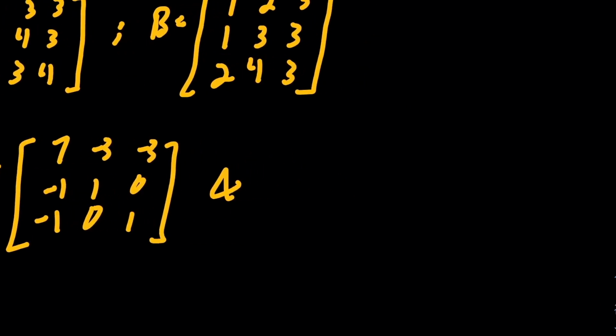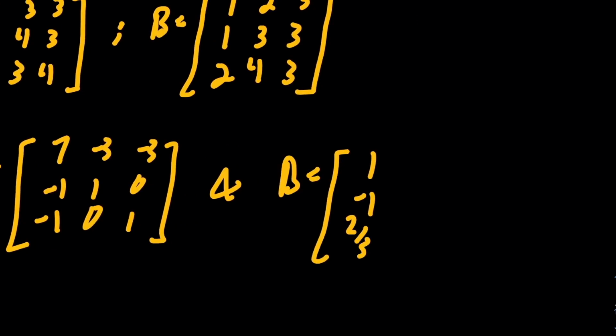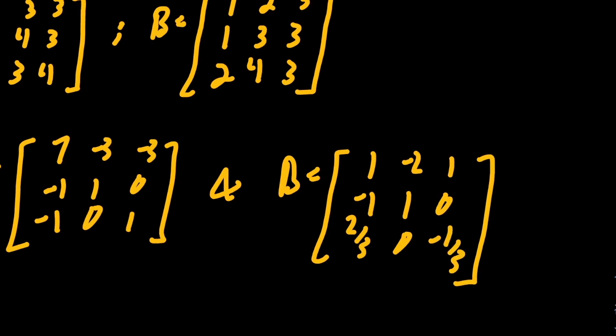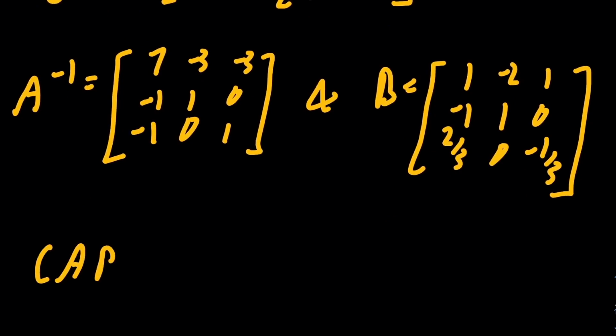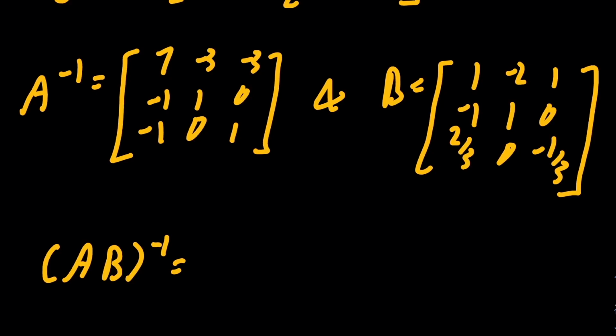And we do the same thing for B with our graphing calculator. And then we have the inverses of our two given matrices, and it is just a matter of this matrix multiplication.